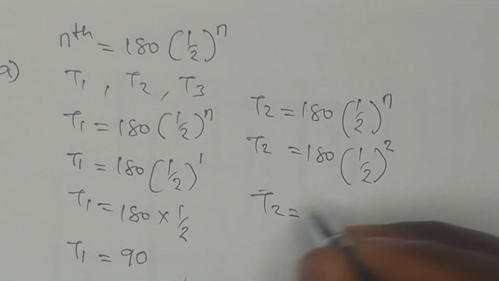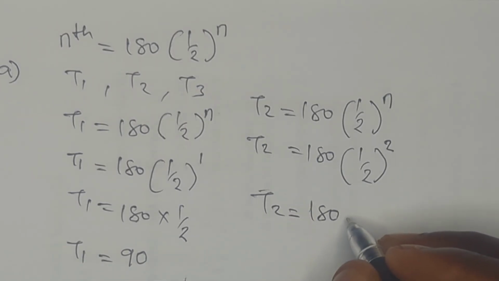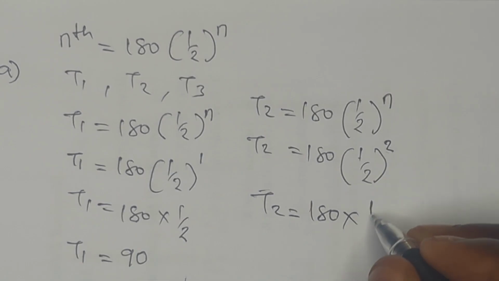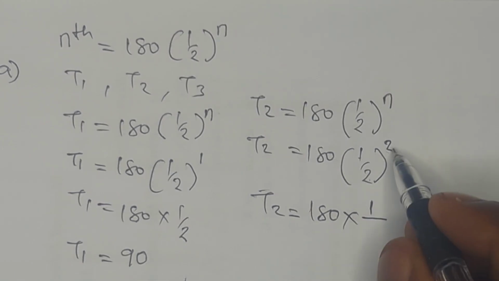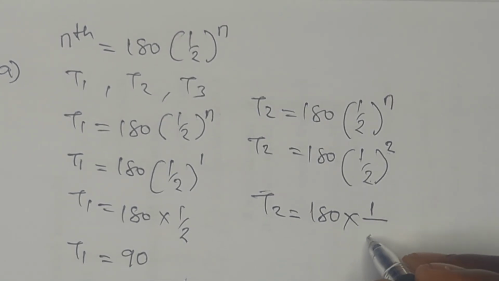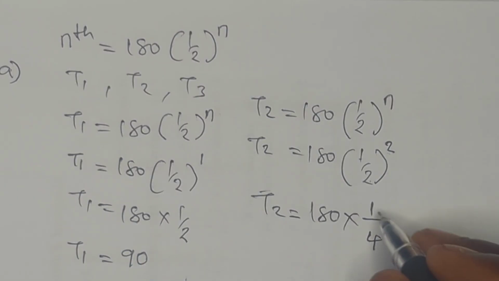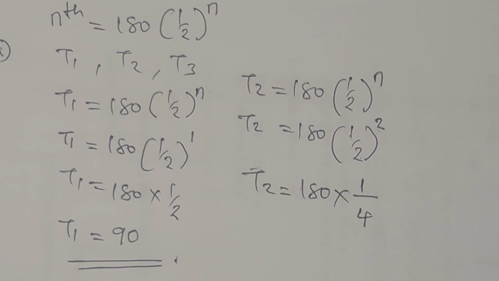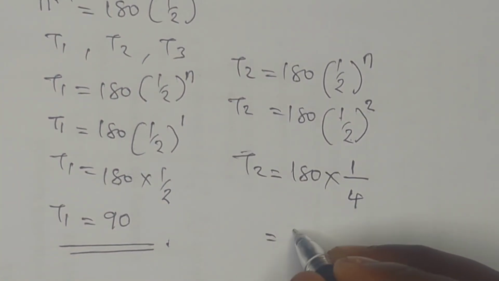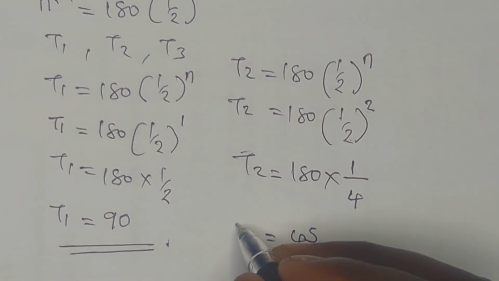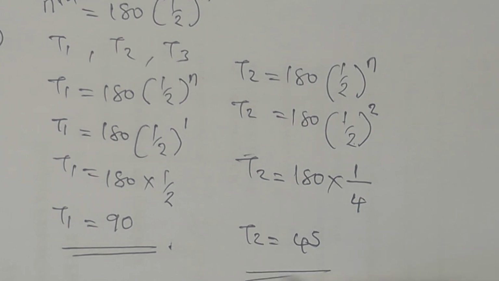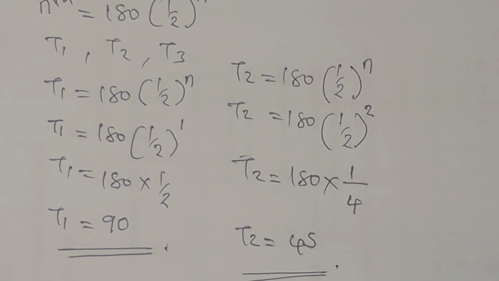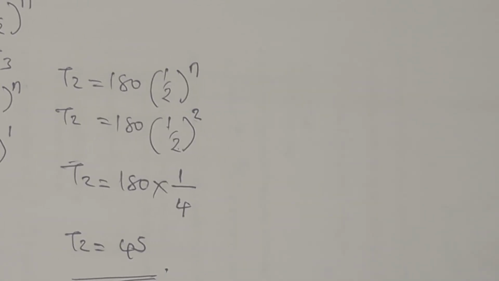So T2 therefore is equal to 180 multiplied by 1 to the power 2, this is 1, over 2 to the power 2, this is 4. So 1 over 4 multiplied by 180, this is 45. So this becomes the second term.